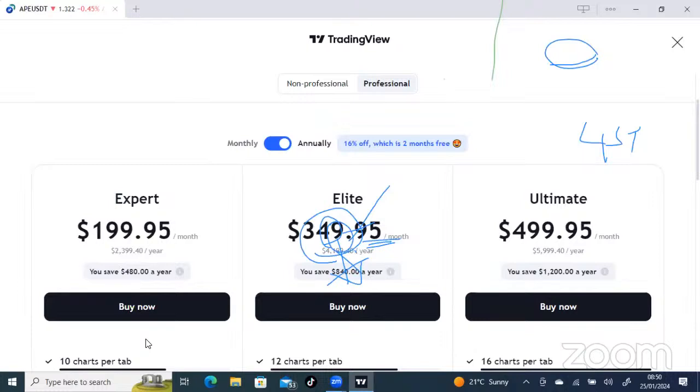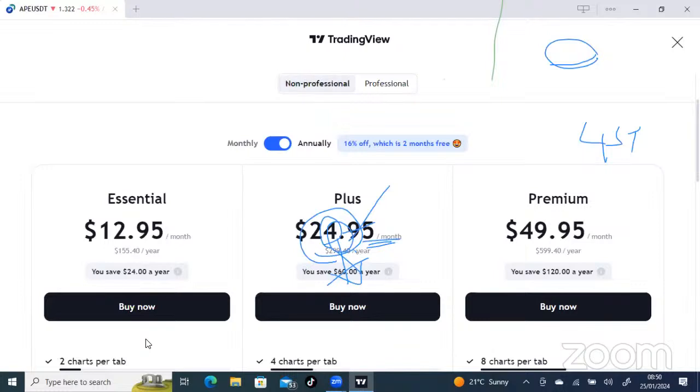I will use what I can afford. No, I don't need to pay for TradingView. I can keep on. Here there is no scamming.